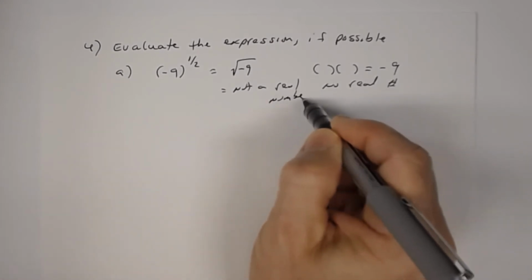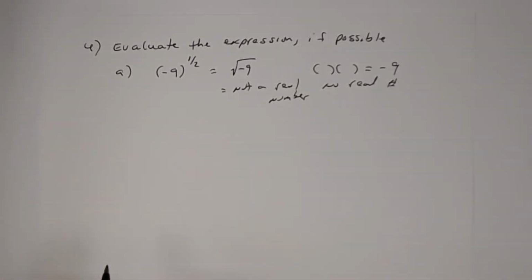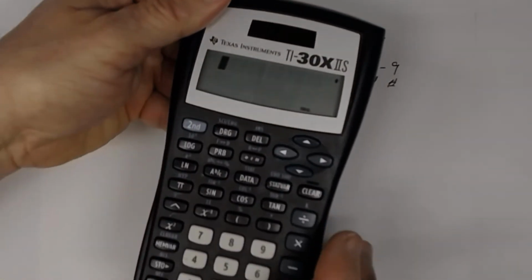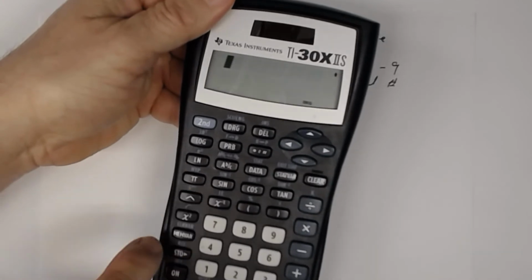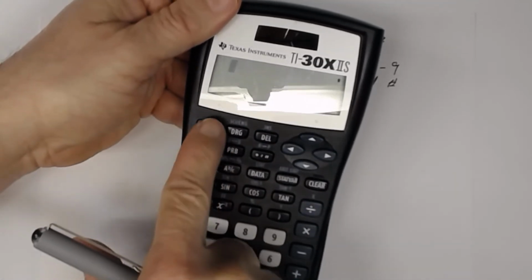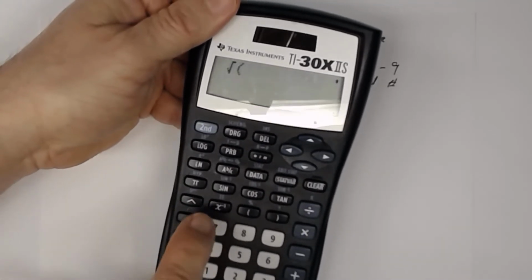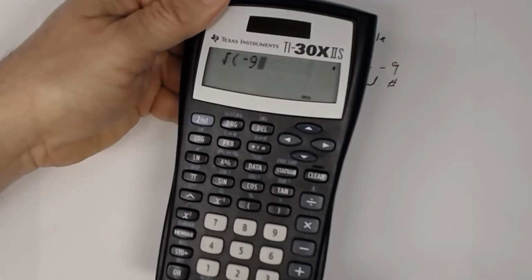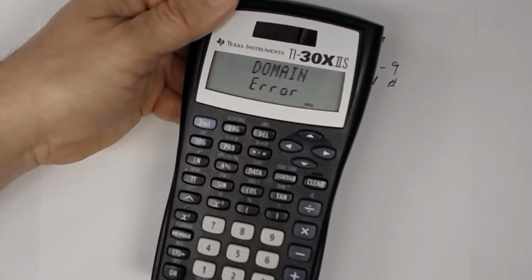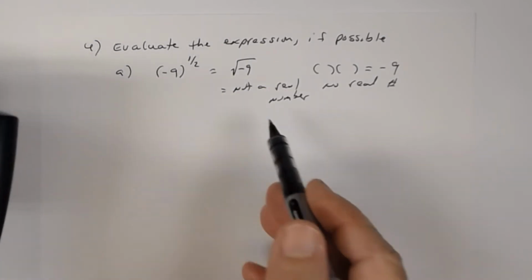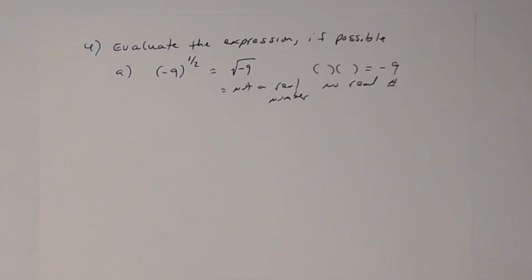So that's not possible. It's not a real number. Okay? And in fact, if you use your calculator, just to show you what you would get, the square root is right here. So second square root, negative 9, notice you get an error. All right, so now don't put the word error here. You got to say it's not a real number. So you remember the calculator says error, but you're going to put not a real number.